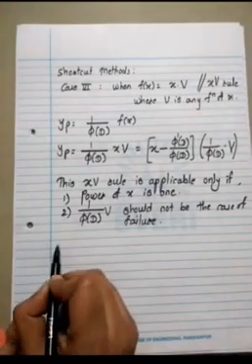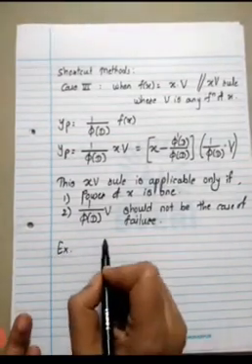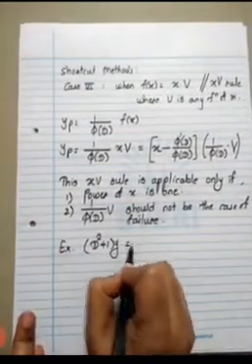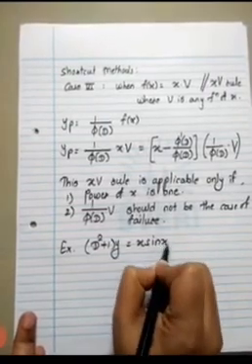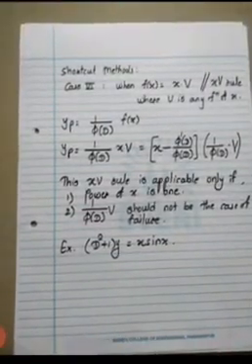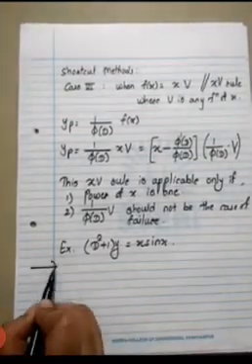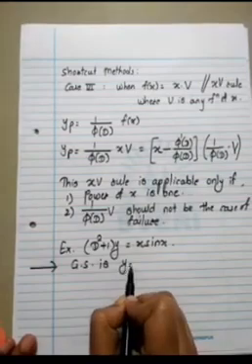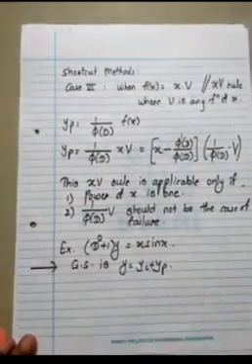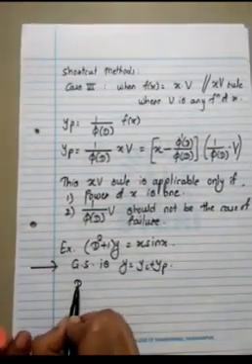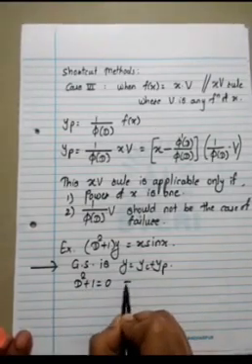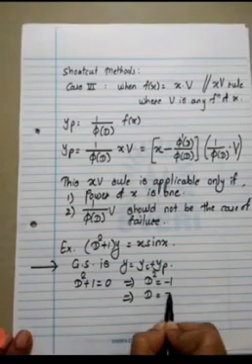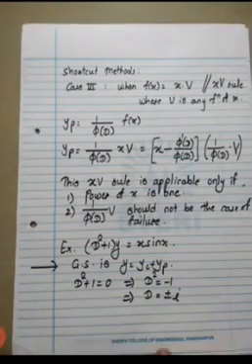For example, if it is d square plus 1 y is equal to x sine x. Let's solve it. Its general solution is y is yc plus yp. To find yc, we consider the auxiliary equation, that is d square is minus 1, so d is plus minus i, square root of minus 1.